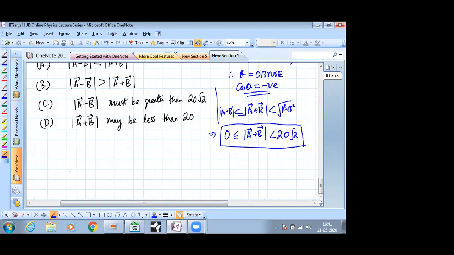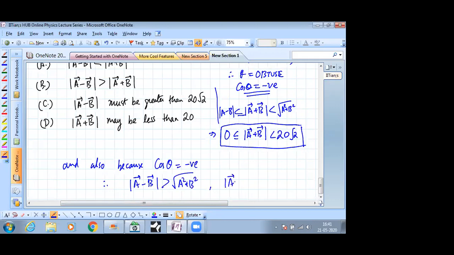And also you can understand, because cos theta is negative, therefore mod of A minus B is in fact greater than root of A square plus B square. Okay.